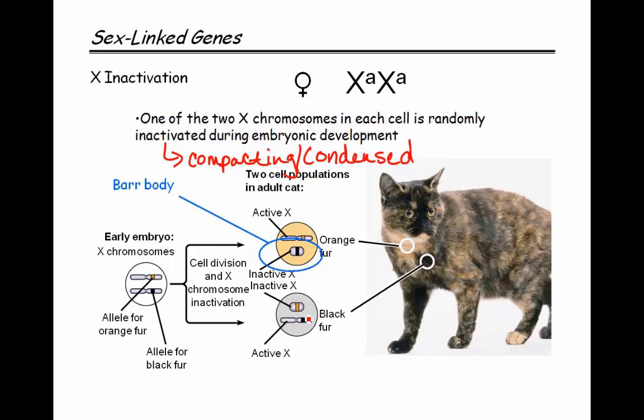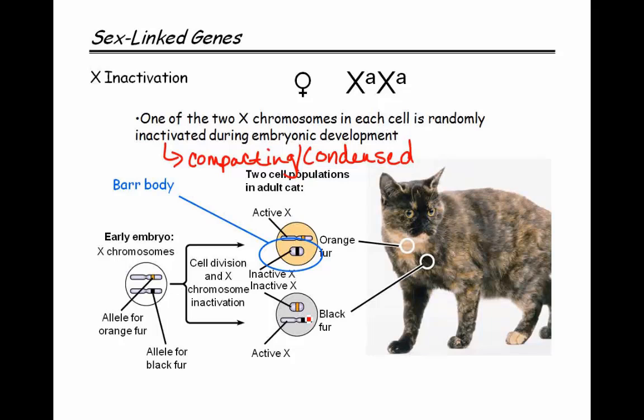So when we see the mottled appearance of a calico cat, we're seeing which cells decided to turn off which X chromosome. This happens in female cells because female cells have the two X's to work with. It should not be happening in a male cell because a male cell should not have an extra X chromosome to turn off.